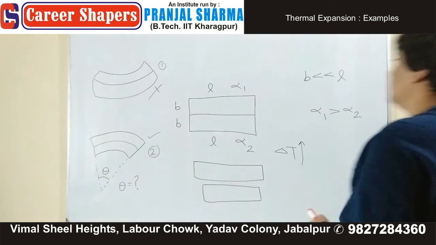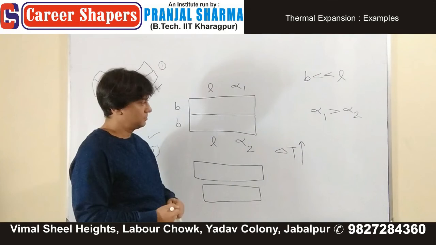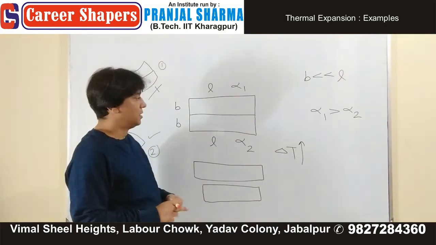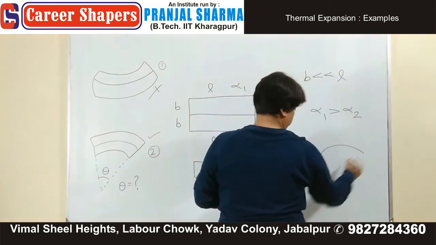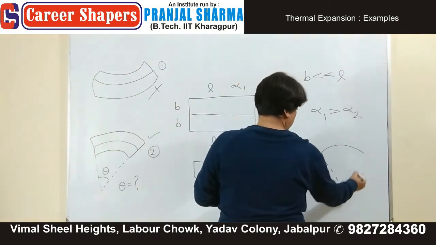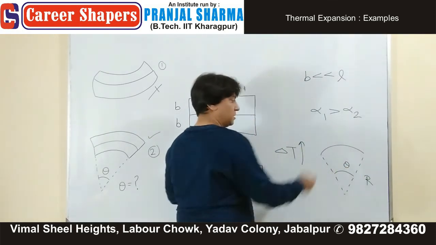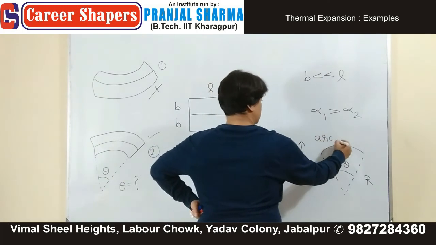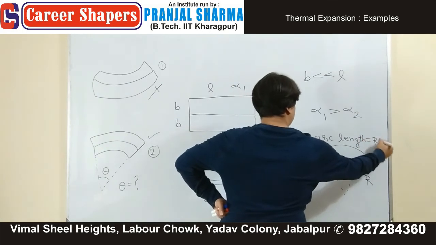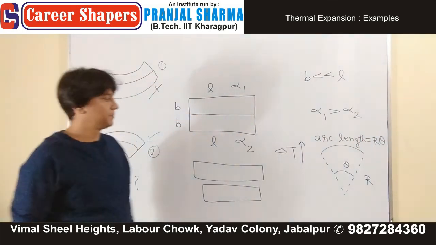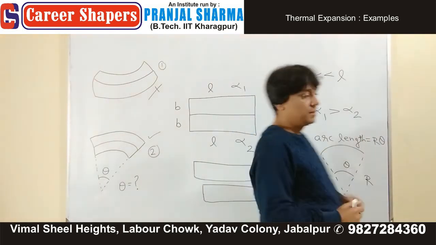Look here. Well, everybody knows the formula for arc length. If this is r, this angle is theta, then arc length is r multiplied by theta. Now this is the arc length.